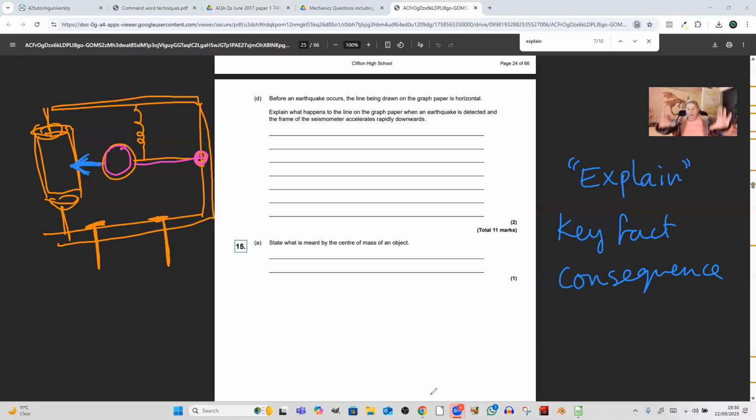So everything orange in that picture moves down, accelerates down. So the pink part is held in place due to moments, is it? The pink part flicks up, does it? I don't think the pink part does. The trace will apparently go up, but it's not really that the pen has moved up.